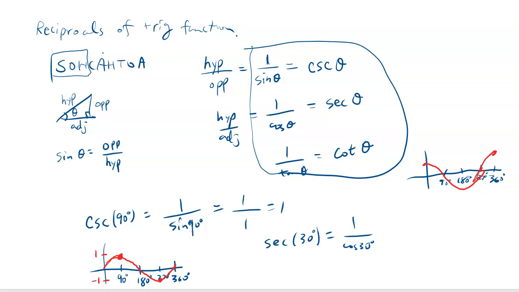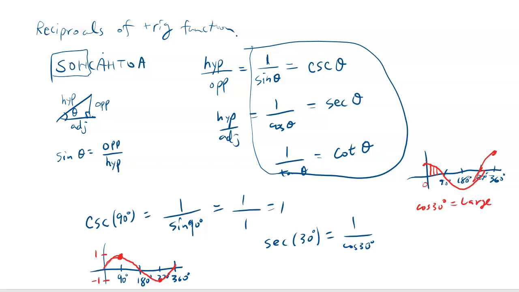And cosine of 30 degrees, well, between 0 to 90, there are 3 special angles, right? So it's 1, 2, 3. And we named them small, medium, large. So we see that cosine of 30 degrees is the large value.